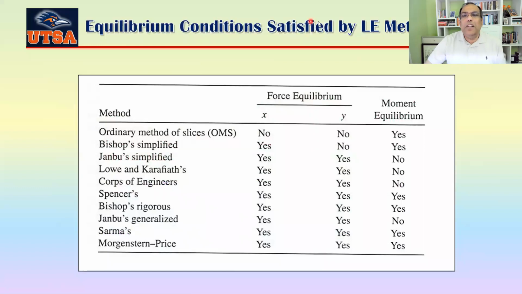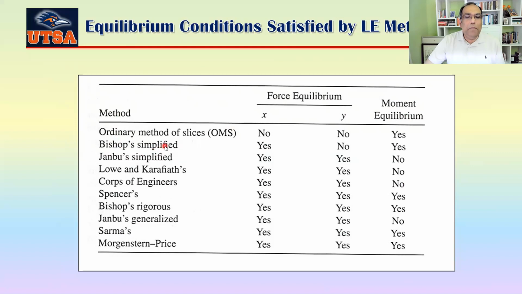Now, the equilibrium conditions that are satisfied by each limit equilibrium method. You can see this is each of those methods. I wrote it down, and this is the summation of Fx, summation of Fy, and this is your moment equilibrium. So the ordinary method of slices only does the moment calculation. No, it doesn't satisfy the summation of Fx equal to 0 and summation of Fy equal to 0.